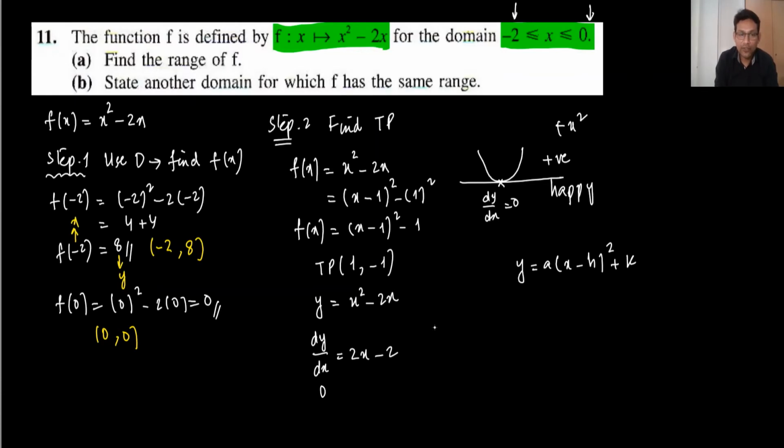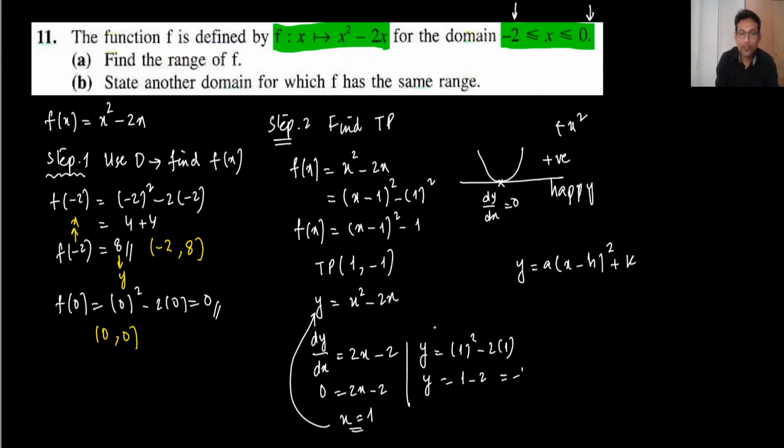So 0 equals 2x minus 2, x is coming 2 upon 2 is 1. Then I put this value in the equation. So what is y? y is coming 1 minus 2 is minus 1. The turning point is coming 1 and minus 1.